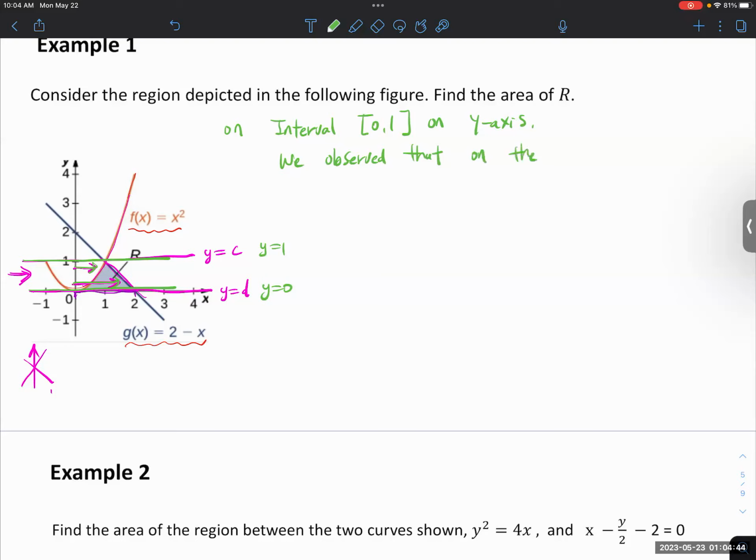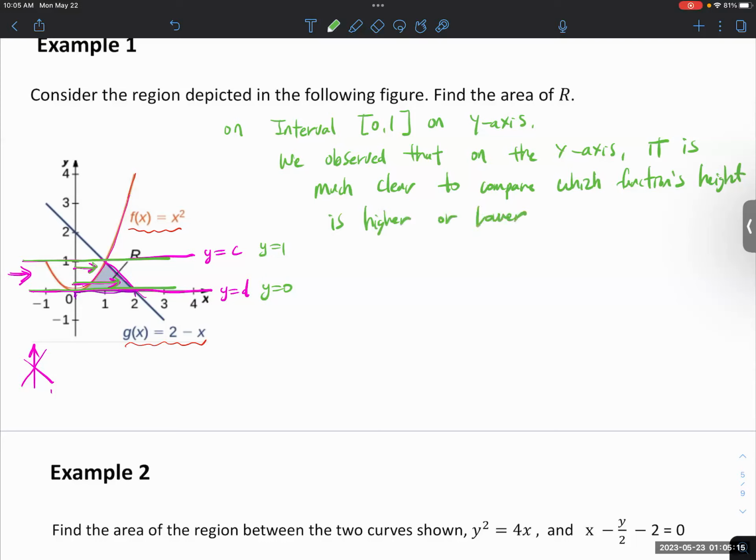on the y-axis, it is much clearer to compare which function's height is higher or lower, right?